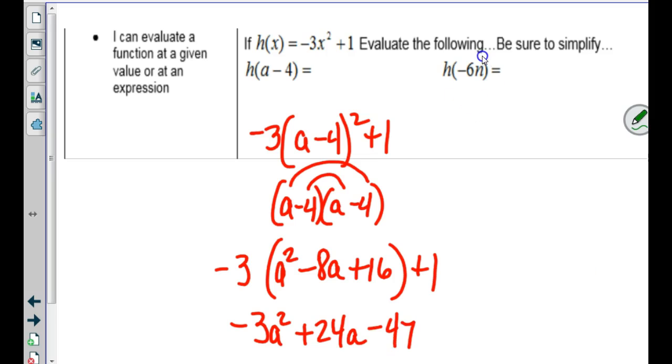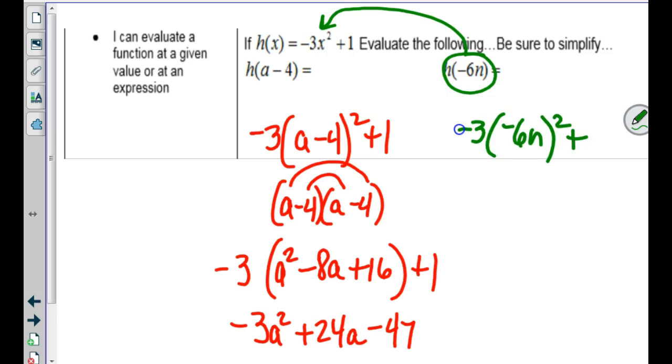Okay, but the one on the quiz might look like this time. What if you put that in there? Okay, this would become a positive 36n squared, right? When you squared everything that's in there, then multiply it by -3 would be 108.